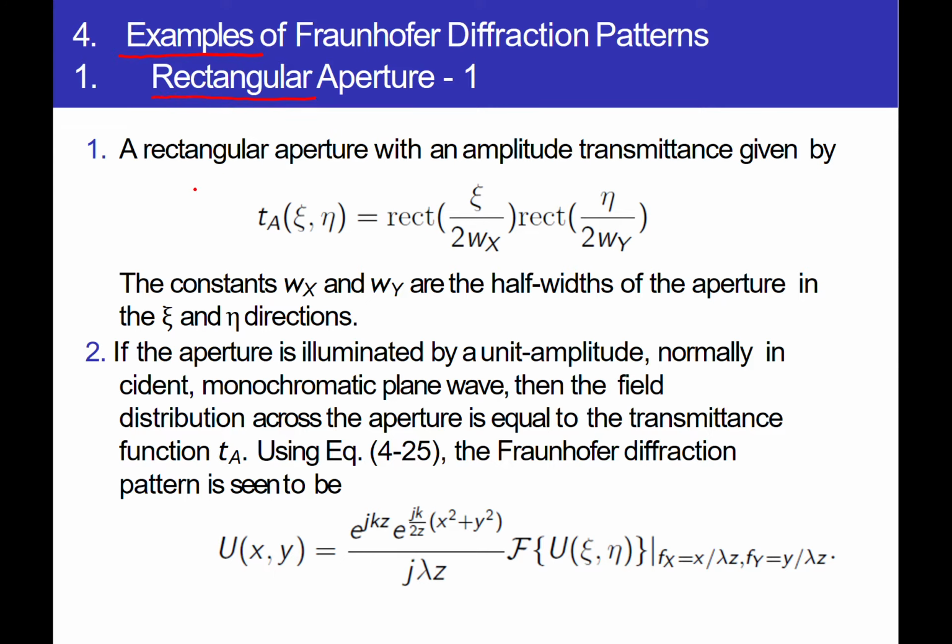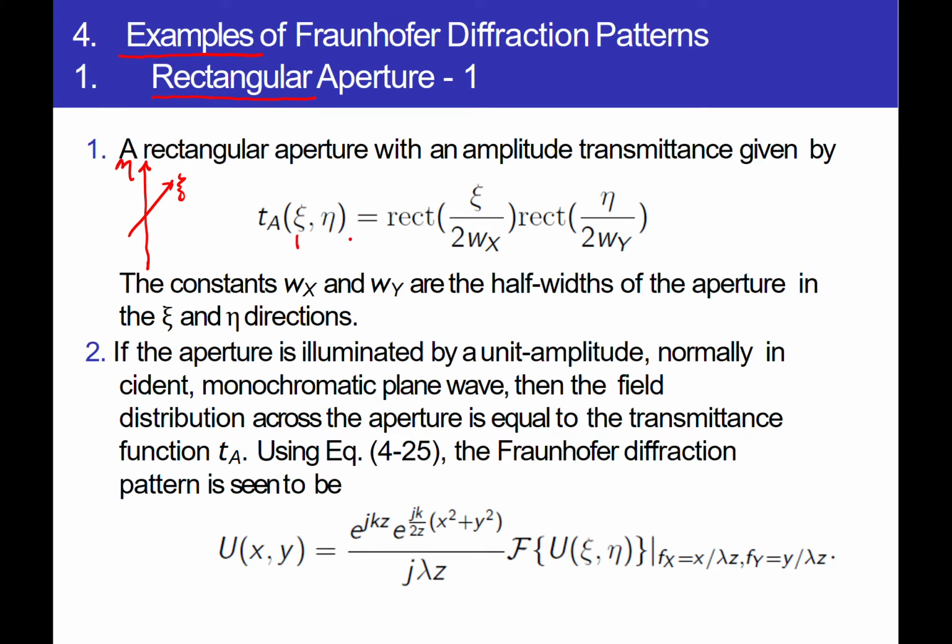So the rectangular aperture has an amplitude transmission t_A(xi, eta) given by this expression. Once again, we are going to use xi as the horizontal axis in the aperture plane and eta as the vertical axis in the aperture plane.